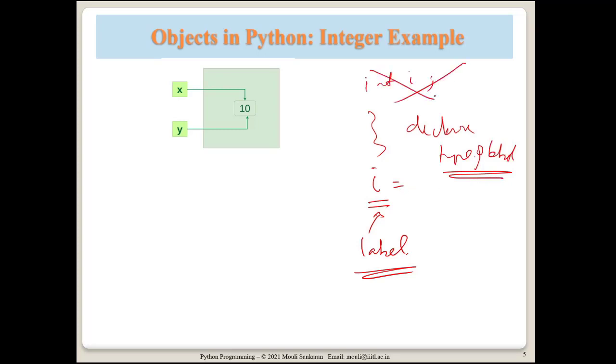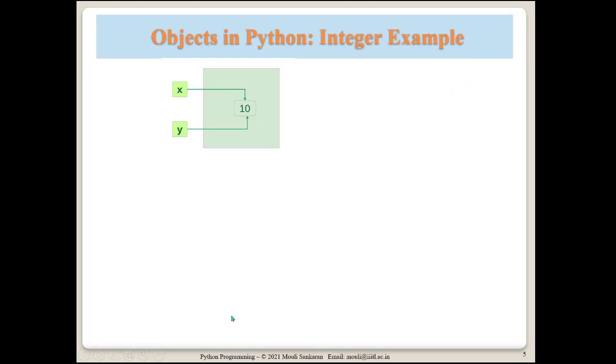And there is no semicolon also, please. We get used to that. Normally a semicolon automatically comes, but Python does not want it, and it will give you an error if you put it. So don't do it. Now, any variable you can just say i = 2, that's all.